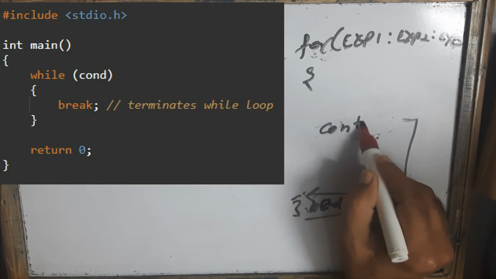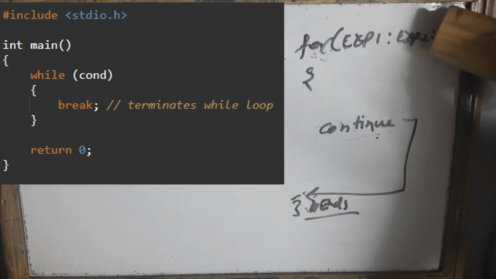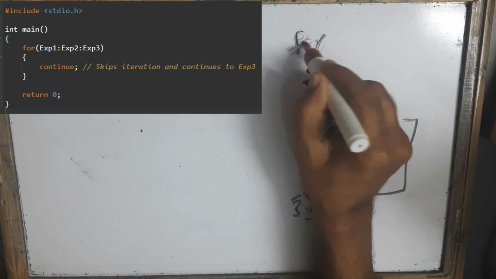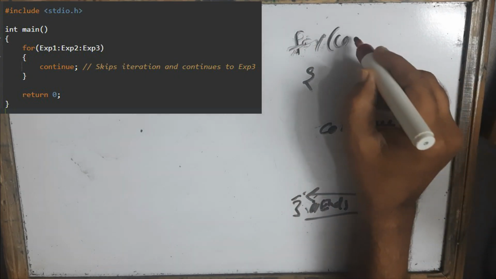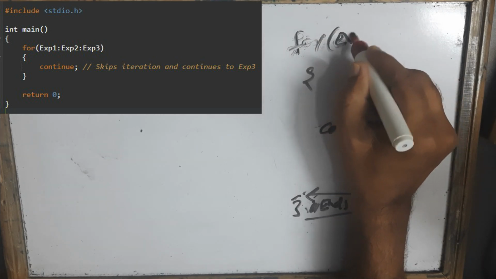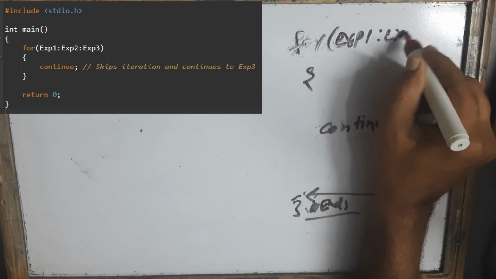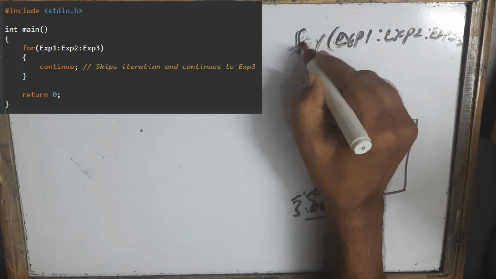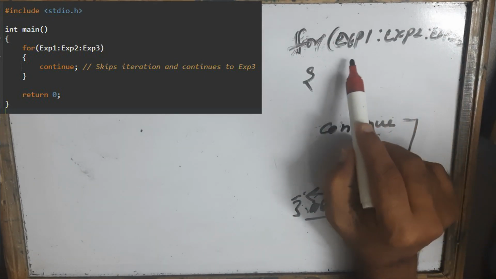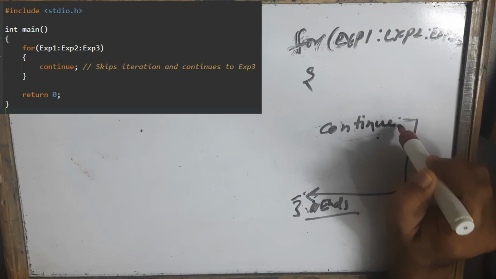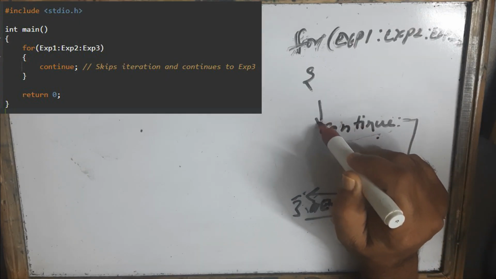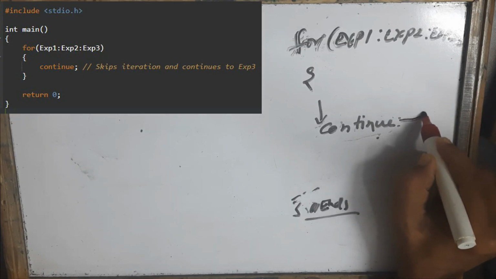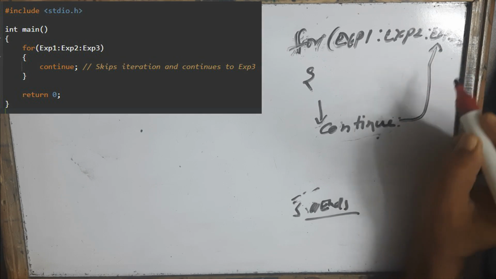Whenever the computer executes continue, from here it directly jumps to the next iteration.